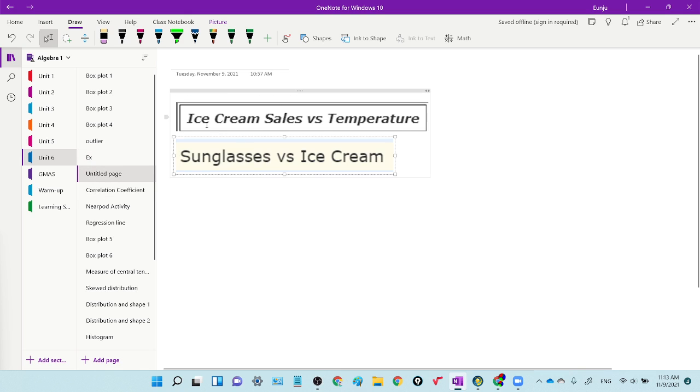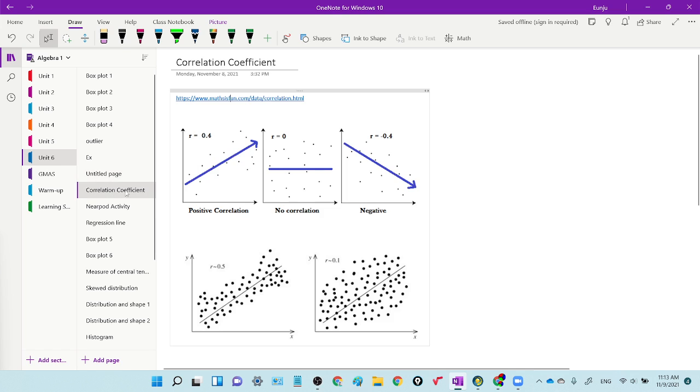So for example, ice cream sales and temperature, is it related? How is it related? Can I use a number to describe that relation? That is called the correlation coefficient, and we are going to see those numbers from Desmos. If we are using a TI-84 like this, we would do it a certain way, but we will use Desmos. So let's learn how to use Desmos on the data.